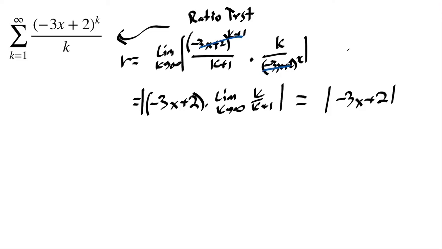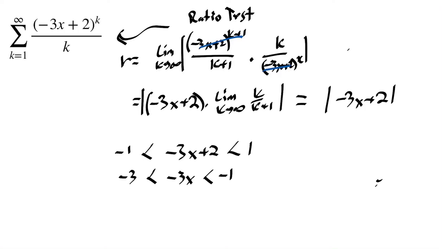And what do we want? Well, the ratio test is where we want this to be less than 1. So the question is, when is this less than 1? Well, it's when negative 3x plus 2 is between 1 and negative 1. And so negative 3x is between, if I subtract 2, negative 1 and negative 3.